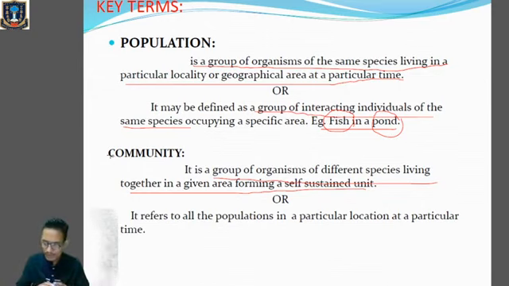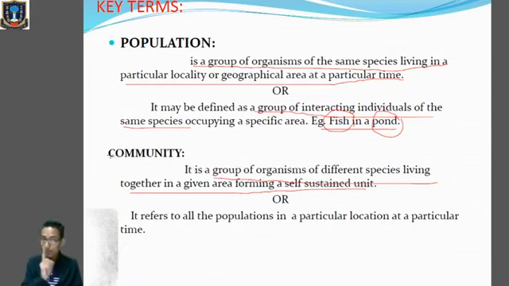So when we consider a group of organisms belonging to different species, that will form a community. In a community, we can find the species of tiger, species of lion, or the species of deer. All those species, which are different from each other, if present in a given area at a particular time, will form the community.